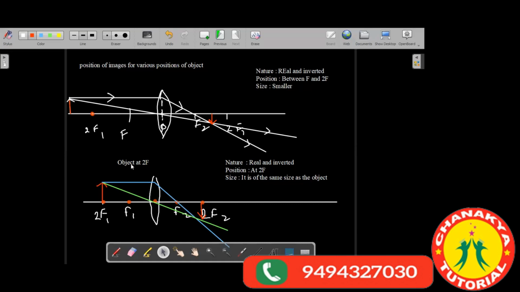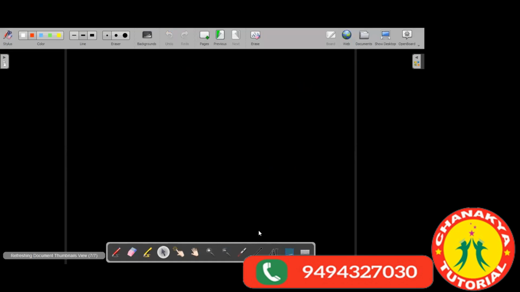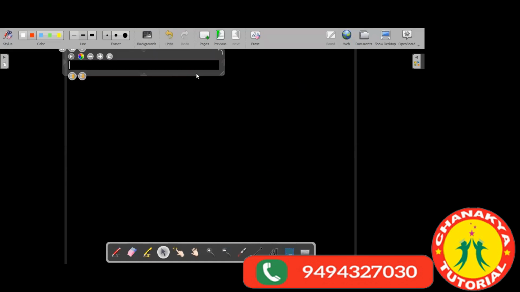Now let's see the third case, when we have the object placed between f and 2f. So the next one is the object between f and 2f. You have to use the same rules.